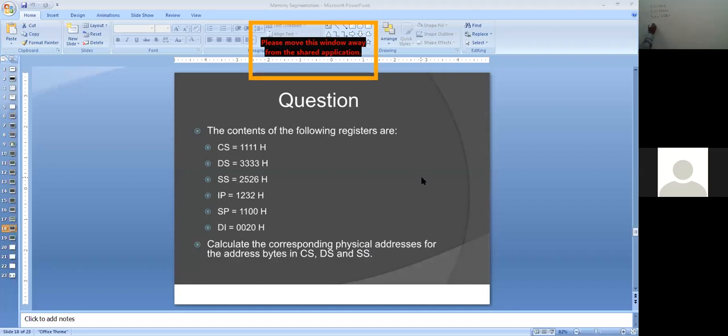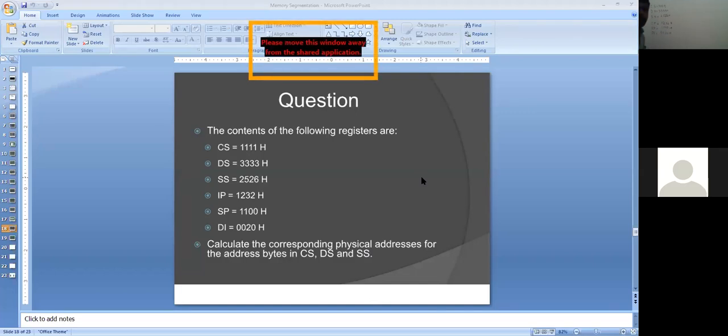Now, the instruction pointer holds 1232, the stack pointer is holding 1100H and the destination index register is holding 0020H.